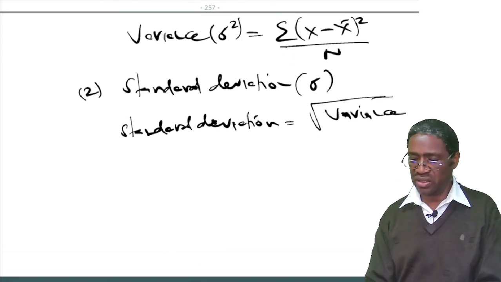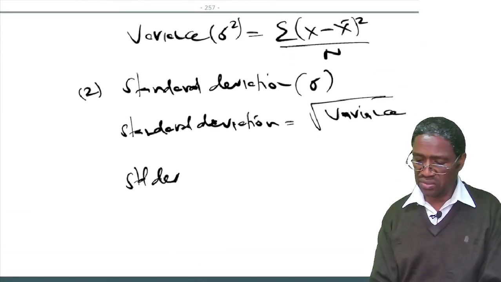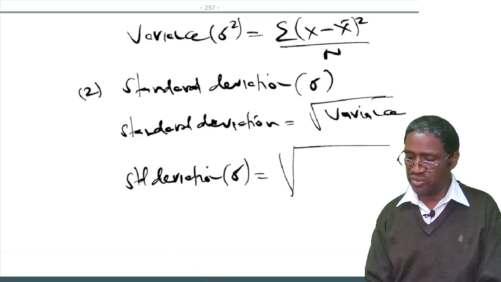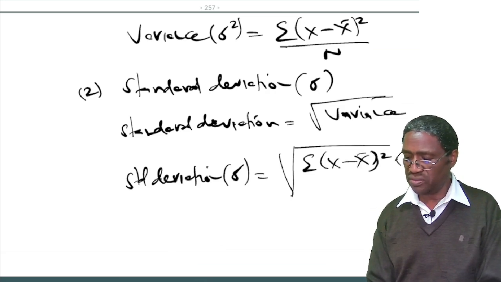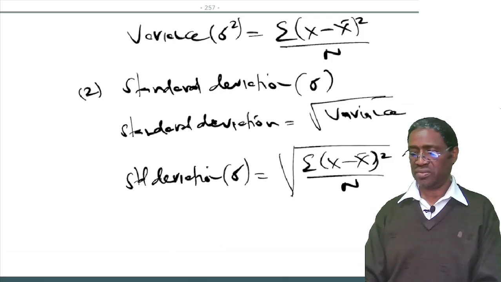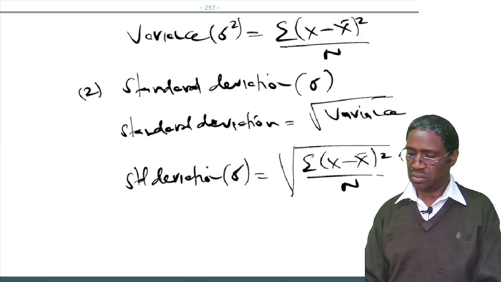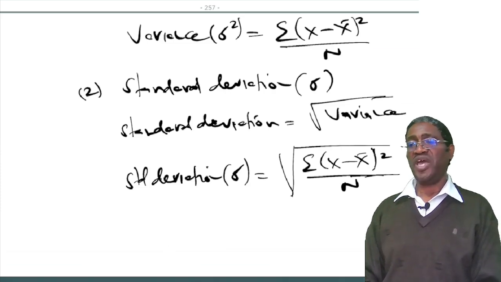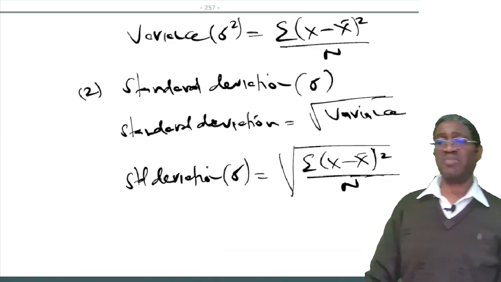Standard deviation theta is given by the square root of the summation of x minus x bar squared divided by n.